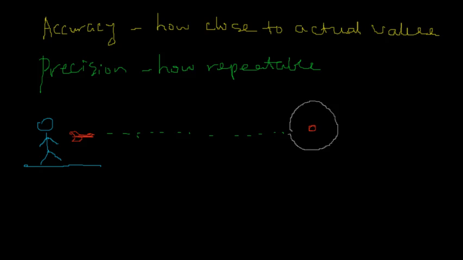So his dart lands on the target. Now let's take a look at where his dart lands. Okay, suppose that his dart lands somewhere around here, there, and there. Okay.